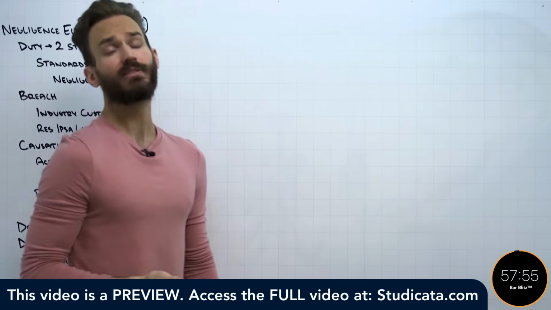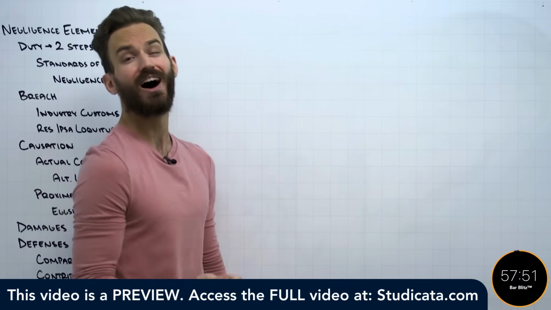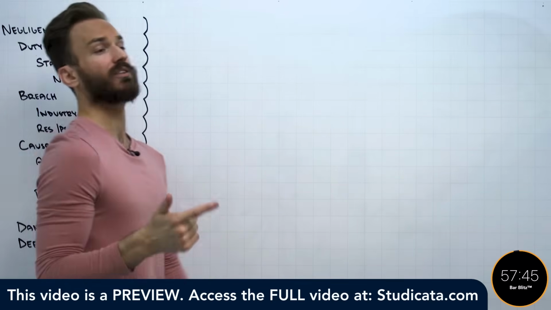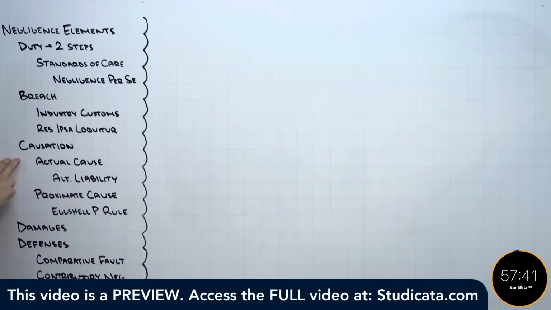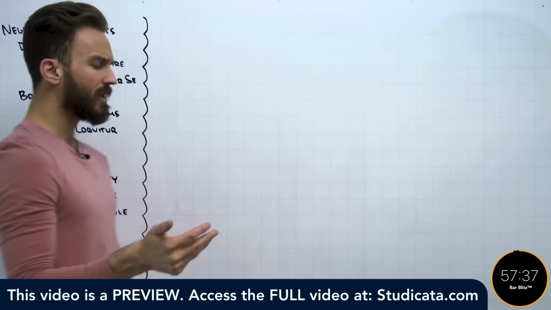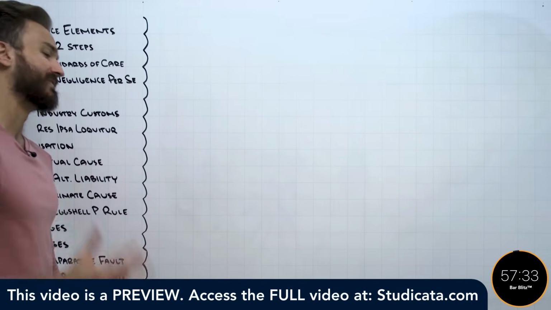Number 1, that the defendant owed the plaintiff a duty to conform his conduct to a specific standard of care. Number 2, that the defendant breached that duty owed to the plaintiff. Number 3, that the breach was the actual and proximate cause of the plaintiff's harm. And number 4, that the plaintiff sustained actual damages.